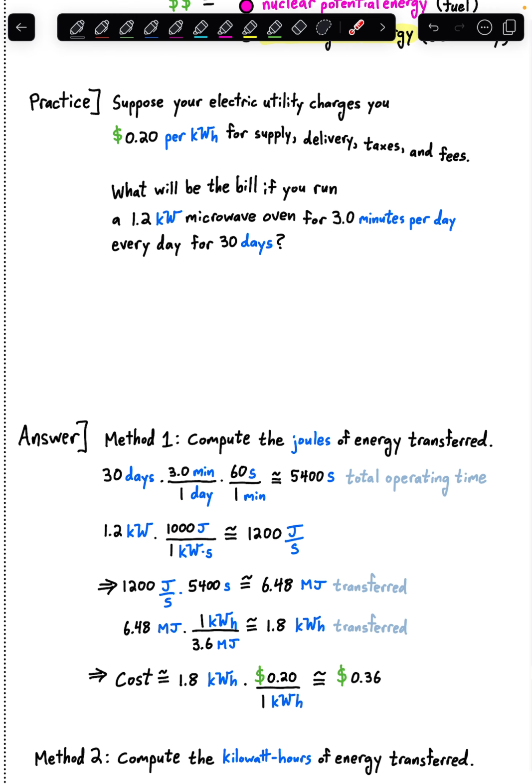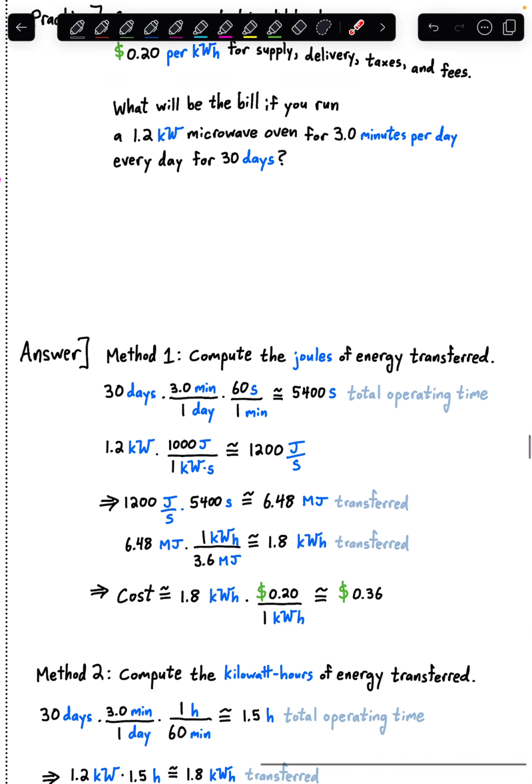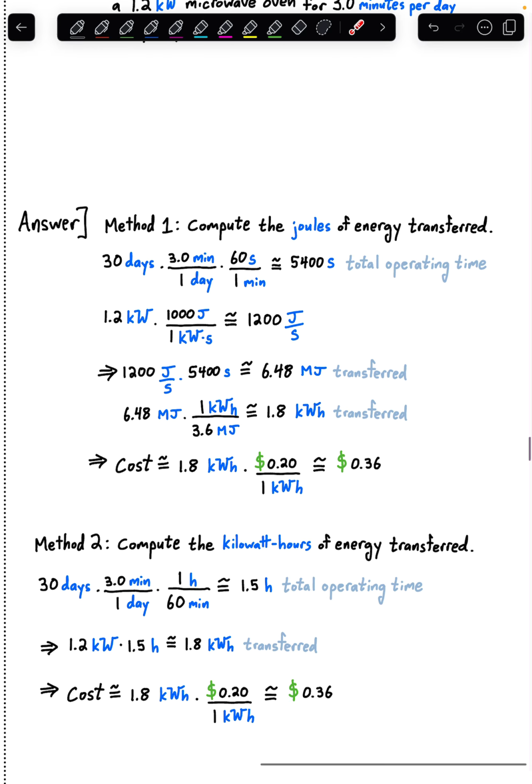And another method of getting to that same result somewhat more efficiently would be this here. Let's stick in terms of kilowatt hours since that's how we're being billed. So we'll find that if you run your microwave for 30 days, 3 minutes per day, and 60 minutes in an hour, it's 1.5 hours total operating time. So instead of converting to seconds, let's just stick with hours, 1.5 hours total operating time.